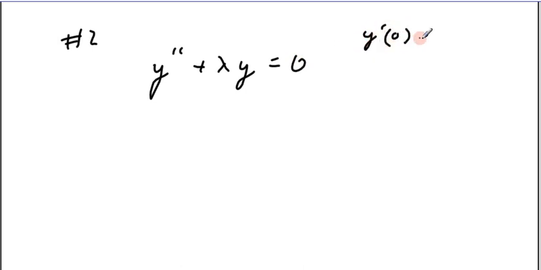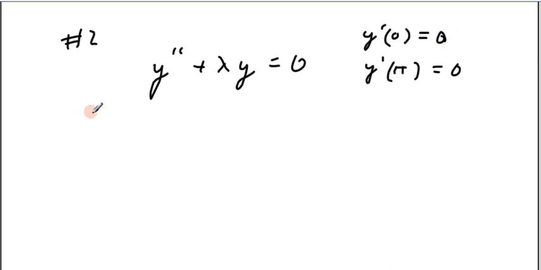Okay, so we have y double prime plus lambda y is equal to 0. We have y prime at 0 is 0, and y prime at pi is 0 for our initial conditions.